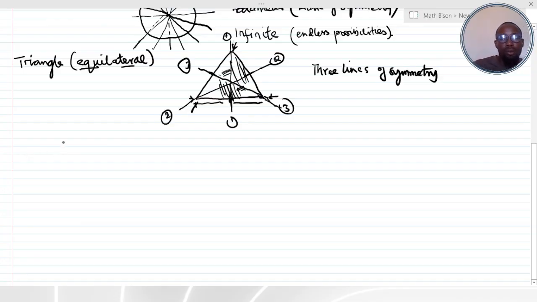This is different when you try an isosceles triangle. The isosceles triangle is like this.